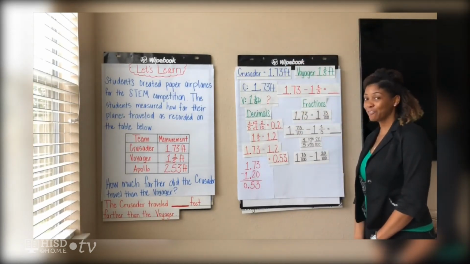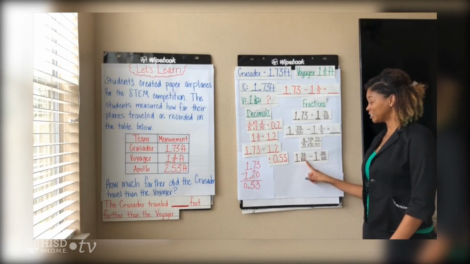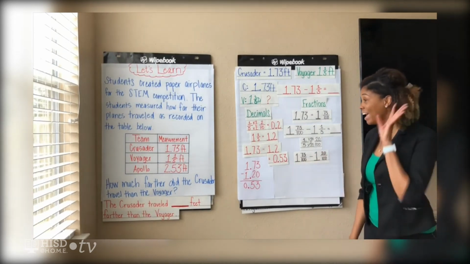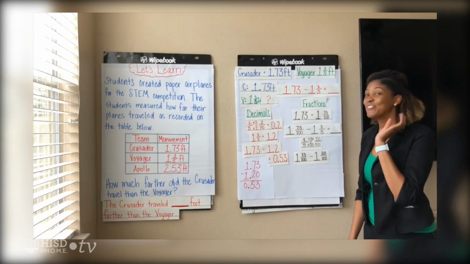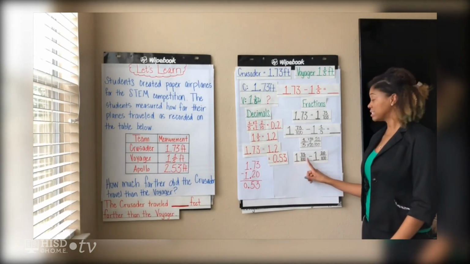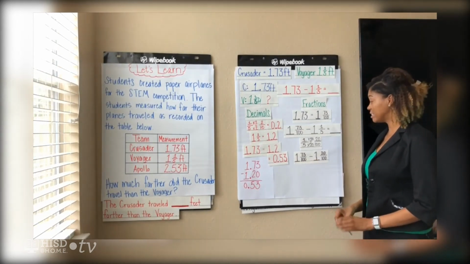So what do we subtract first? If you said the fractions, good job. 73/100 subtract 20/100 is the same as 53/100. Let's look at our whole number. 1 subtract 1 is 0.